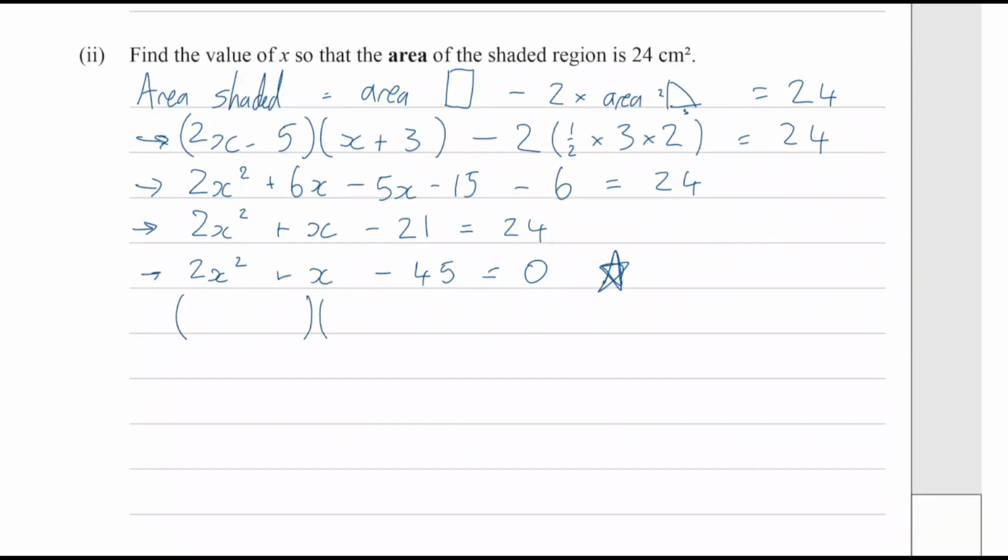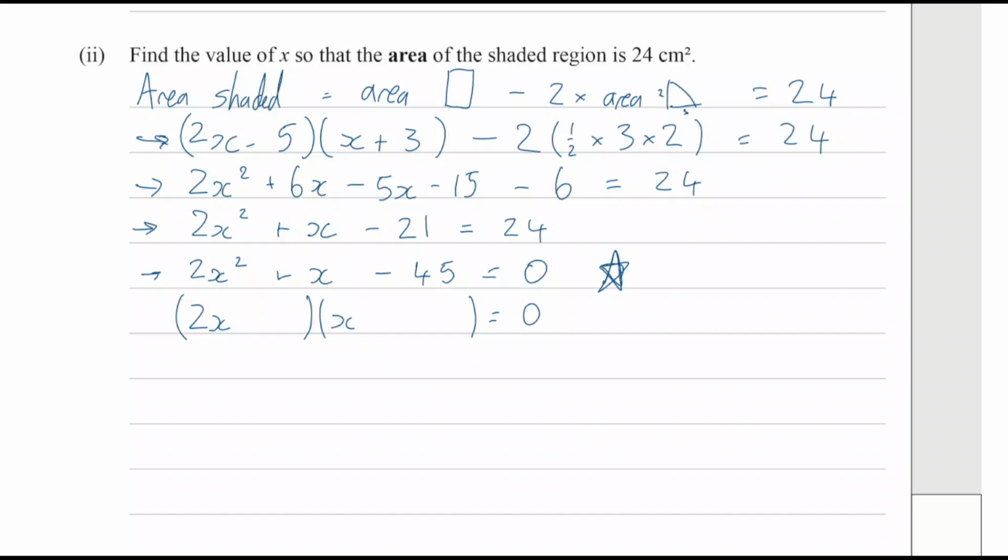Alright, we get our two sets of brackets equals 0. The coefficient of x squared is 2, so we know one of the x terms will have to be 2x. And now we need to think of what these numbers will be. Right, they need to multiply to negative 45. So 45 and 1 could be, or 9 and 5.